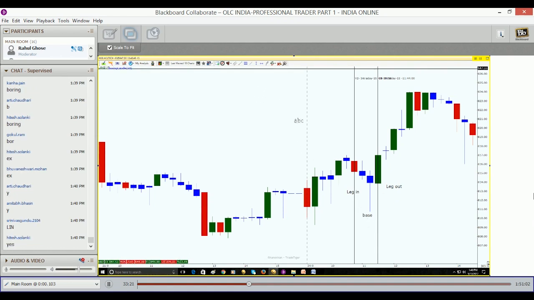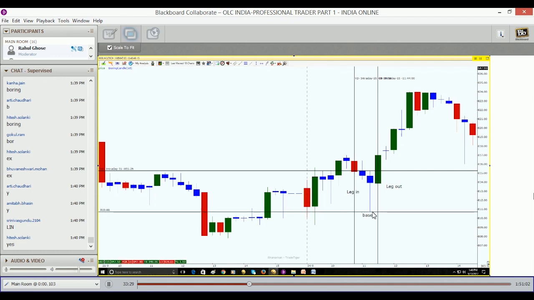I select the highest body of the base, which is over here. I select the lowest wick of the lowest base, which is over here. I drag and drop from the left top corner of the screen my demand zone over here.